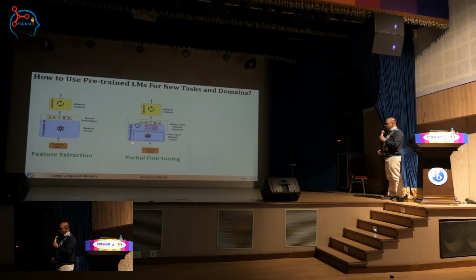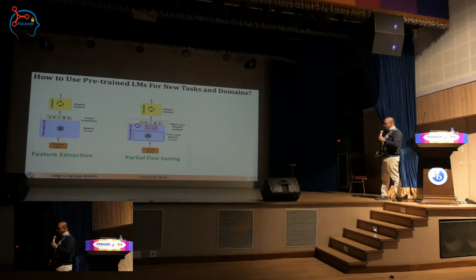You give the training data, pass it through the LLM, and you have a classifier on top, and you get some output and calculate the loss using this output. Then you backpropagate. Everyone knows backpropagation, right? You update the weights of the classifier and also the upper few layers, but don't update the weights of the lower layers. Those are frozen. So this is partial fine-tuning.